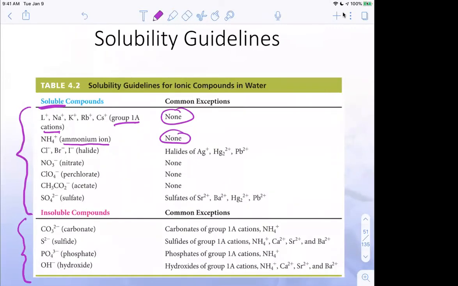So if I have a lithium salt or a sodium salt or a potassium salt, I know that is soluble, no common exceptions. If I'm a halide, I have these common exceptions, which means these compounds are insoluble. If my halogen is connected to silver, mercury 1, or lead 2, that results in an insoluble compound.